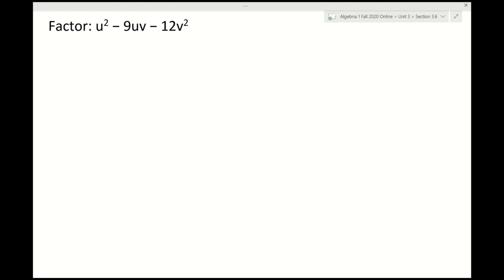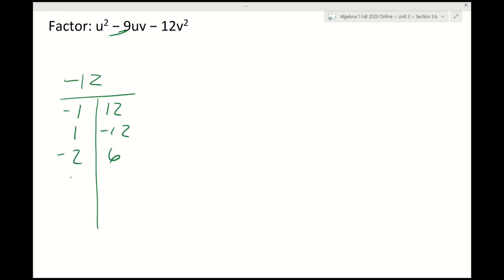The same thing here. I'm going to look for the factors of negative 12 and try to find a pair that add to negative 9. So with a negative 12, I could do a negative 1 and a positive 12, or a positive 1 and a negative 12, negative 2 and a positive 6, or positive 2 and a negative 6, or a negative 3 and a positive 4, or a positive 3 and a negative 4.